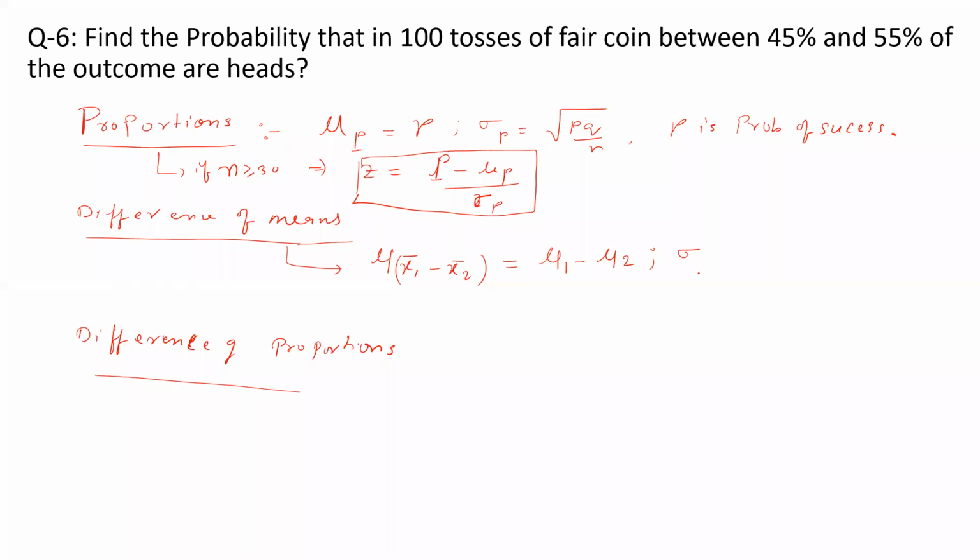And the standard deviation of difference between two means will be equal to the straightforward formula of square root of sigma 1 square by n1 plus sigma 2 square by n2.